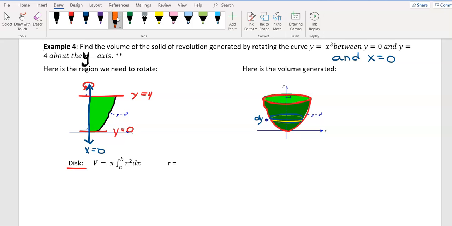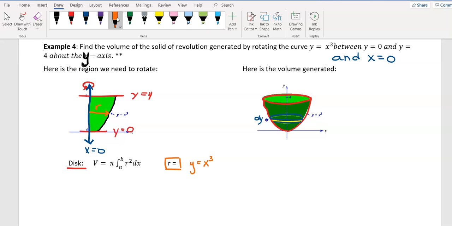So the radius is going to only be 1 since we're not dealing with a hole. It's a nice solid disk. So the radius again in this case is your function. So my radius is going to be represented by the function, and again that's the distance from the axis of revolution to your curve. So my radius is my function, and my function is currently y equals x cubed.